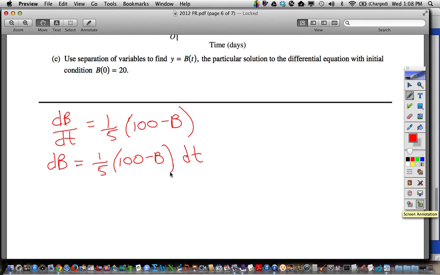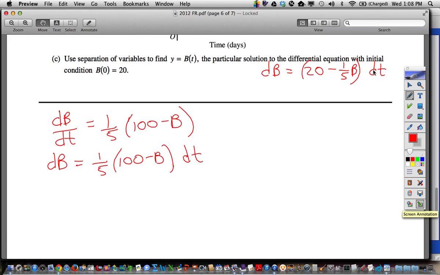Should we distribute here? You could. If you distributed there, you would have dB equals 20 minus 1/5 B dt, like so, right?